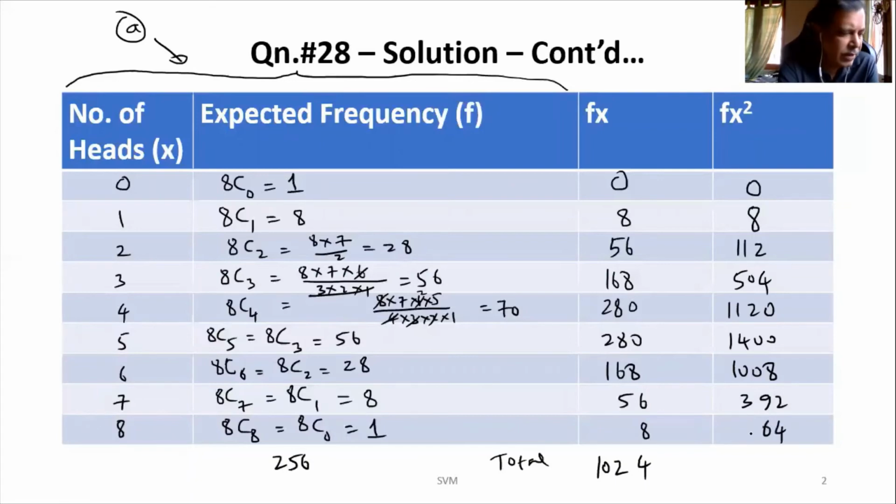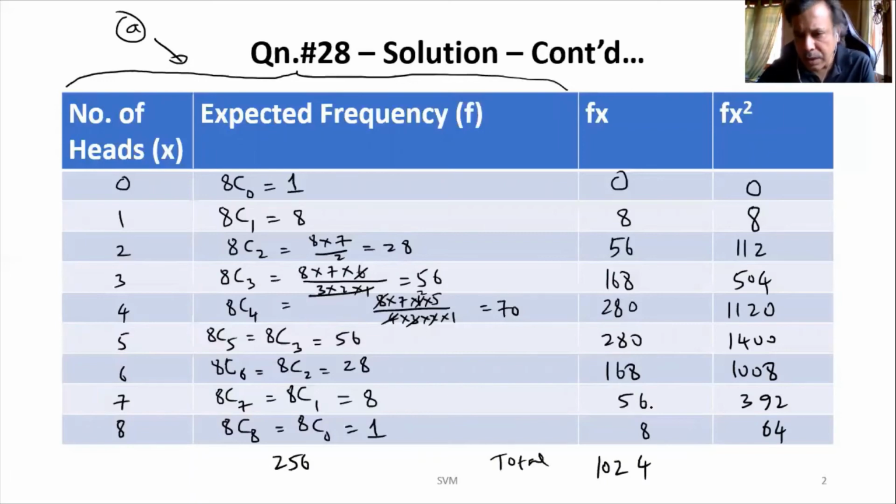Now let us add this: 64 plus 392 plus 1008 plus 1400 plus 1120 plus 504 plus 112 plus 8.